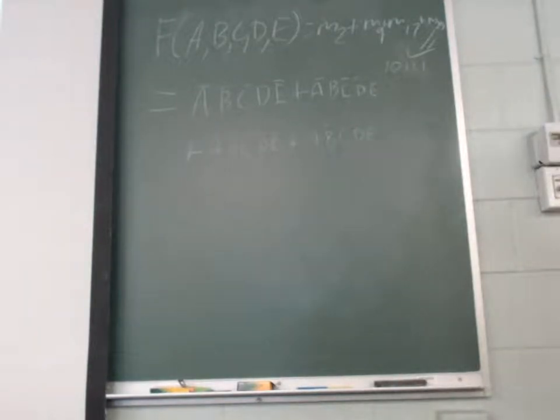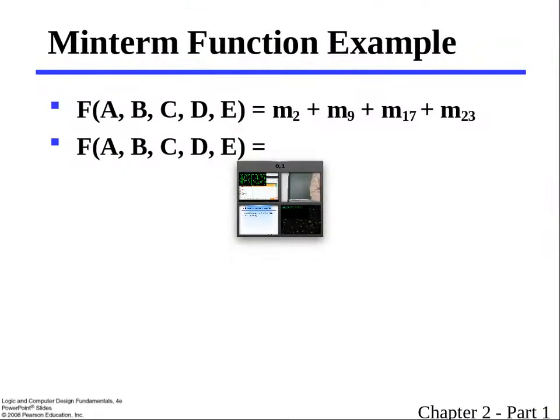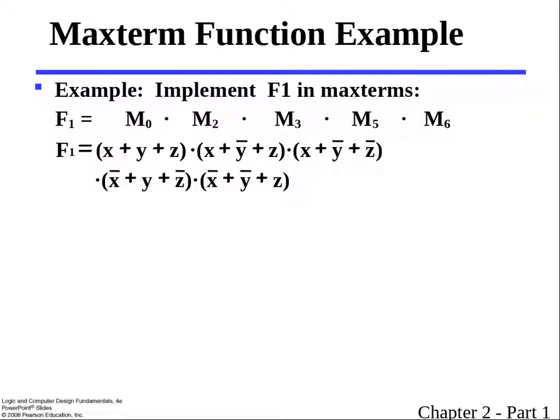So A is the highest value bit, and it reads left to right. If it was a different set of letters, like C, D, A, the order would follow that. For example, here they did X, Y, Z.